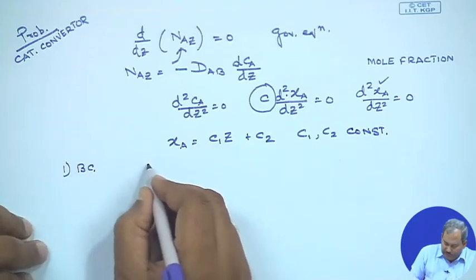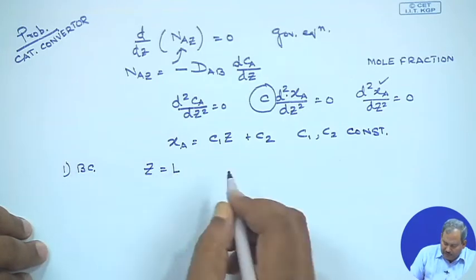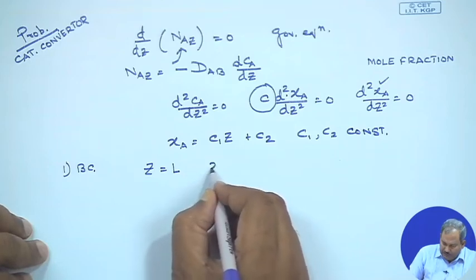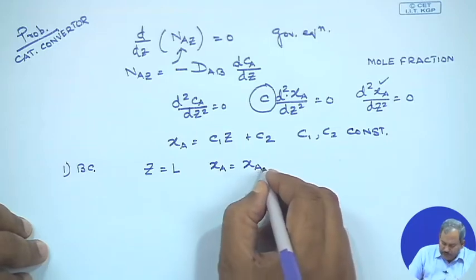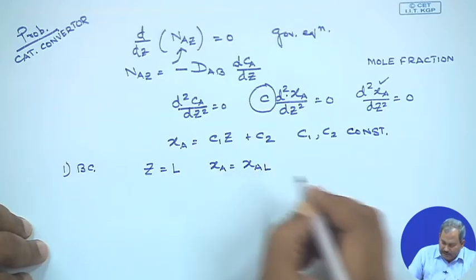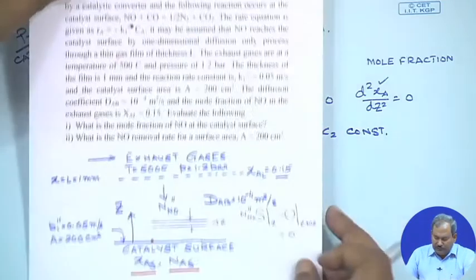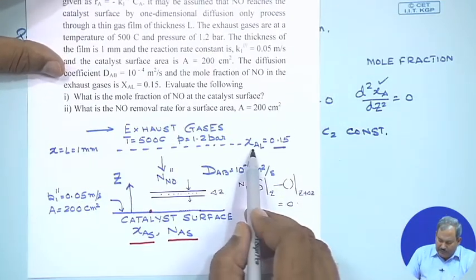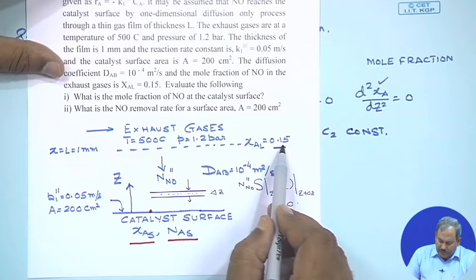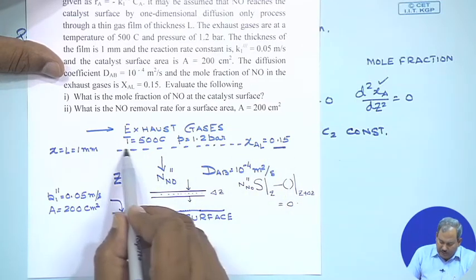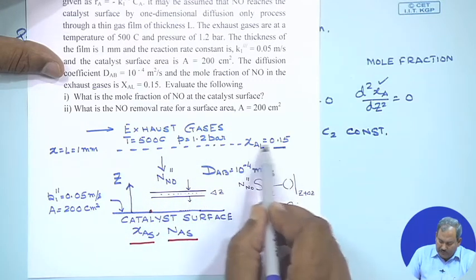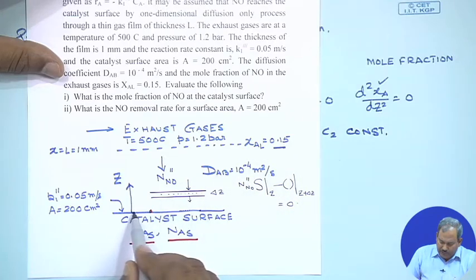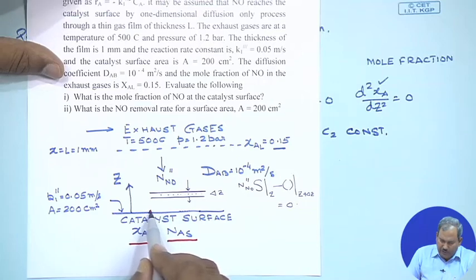So, the first boundary condition is known concentration at a specific location: at z equals L, XA is equal to XAL, and if you look at this figure, the value of XAL is provided and it is equal to 0.15. So, I know that at one end of the film, stagnant film, the concentration of A is provided. So, that is the first boundary condition, and of course, the second boundary condition would be the equality of diffusion rate and reaction rate on the catalyst surface.